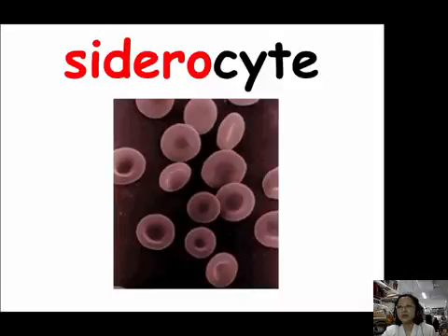And for sidero, S-I-D-E-R-O, our example is siderocyte. A siderocyte is an abnormal red blood cell that has iron granules that are not part of the hemoglobin. In this picture, we show a normal red blood cell because we can't find a siderocyte.